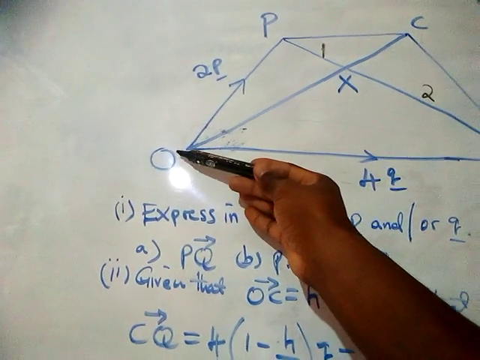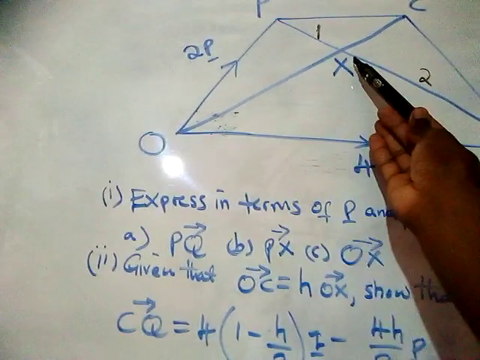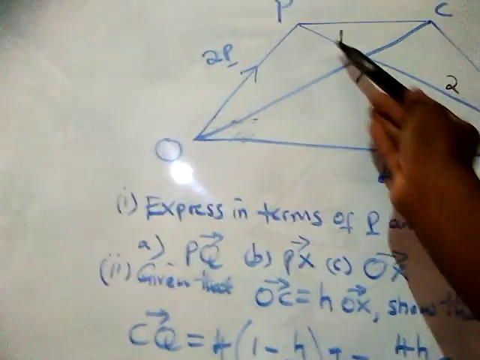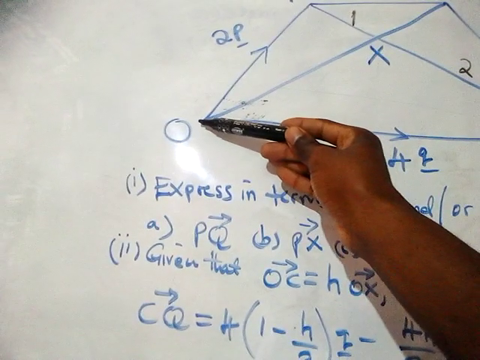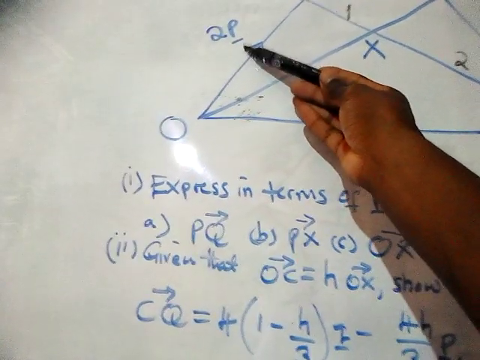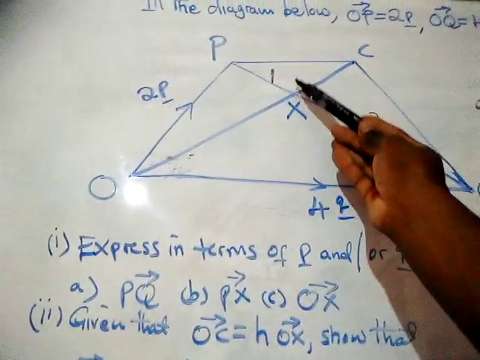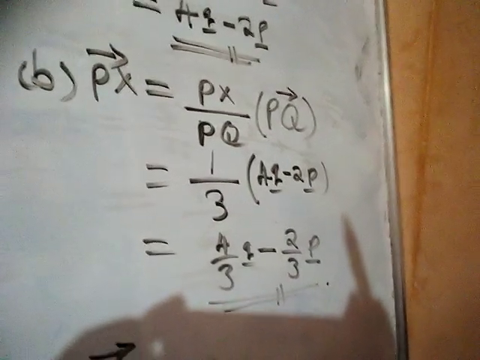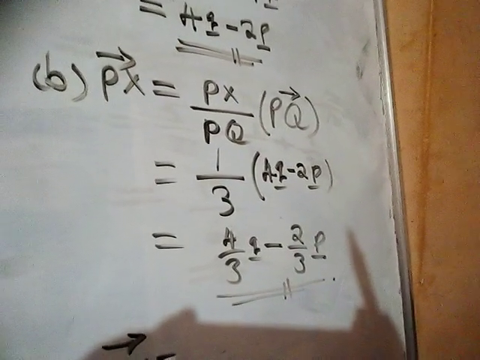For example, if you move from O to X, we can move vector OP plus vector PX. We know that this line is well defined as 2 vector P, and this line is well defined as well, because vector PX is what we have just found. So let's use well-defined movements. That's what it means.